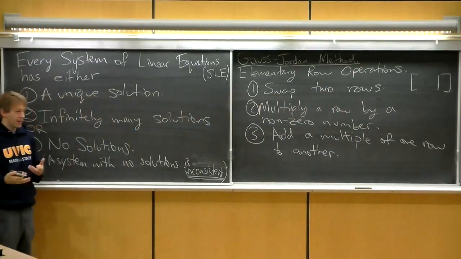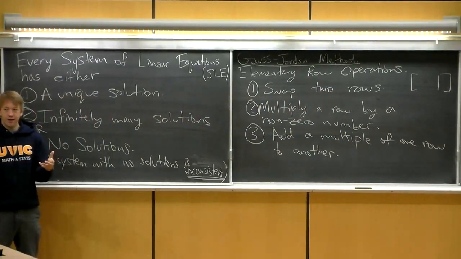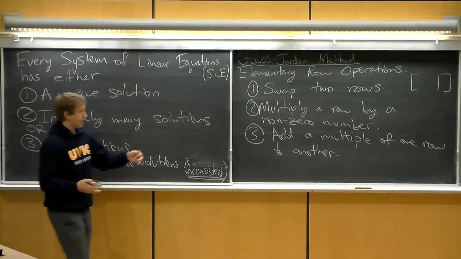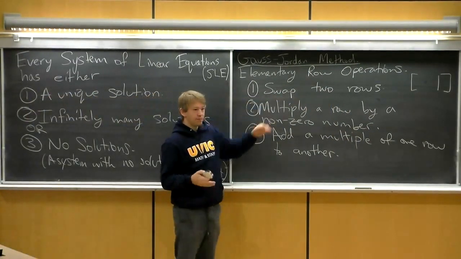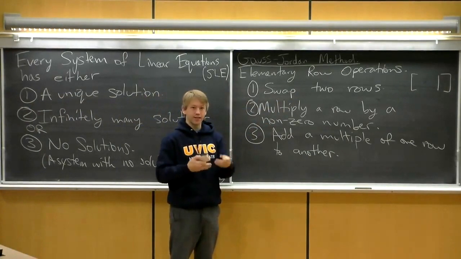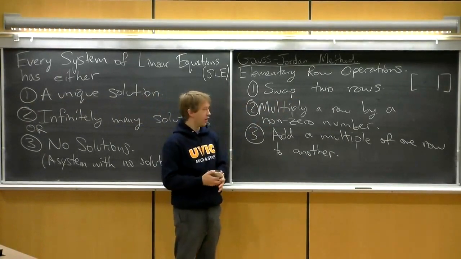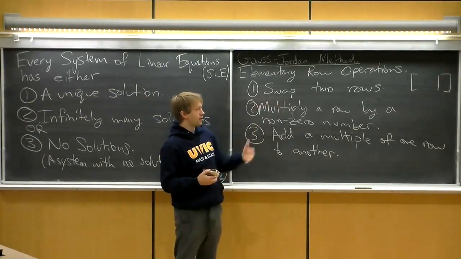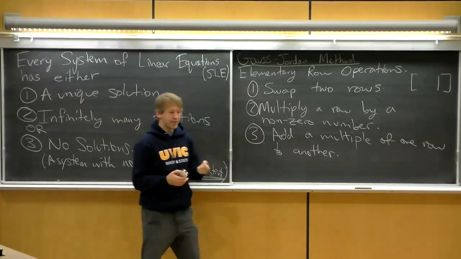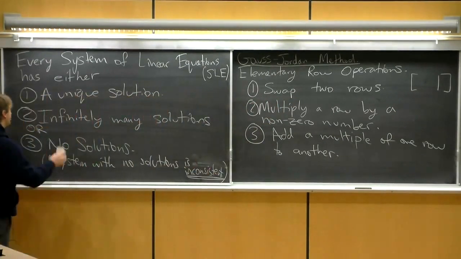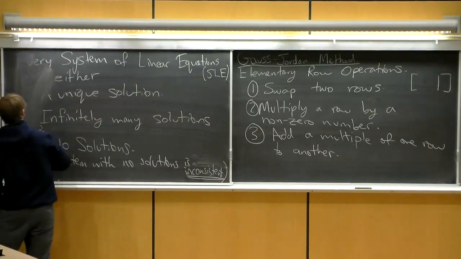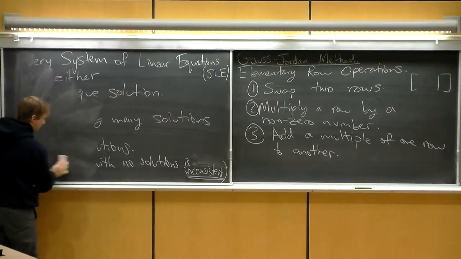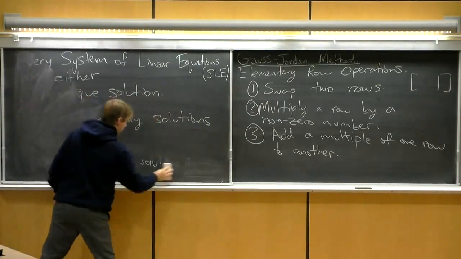Generally speaking, you'll be given a system of linear equations or a matrix, and you want to apply these rules in some order to simplify your matrix to get it in a specific form. Let me tell you something about reduced row echelon form.